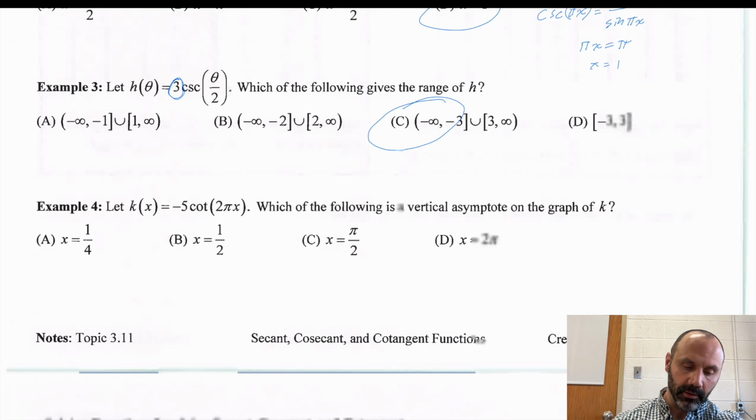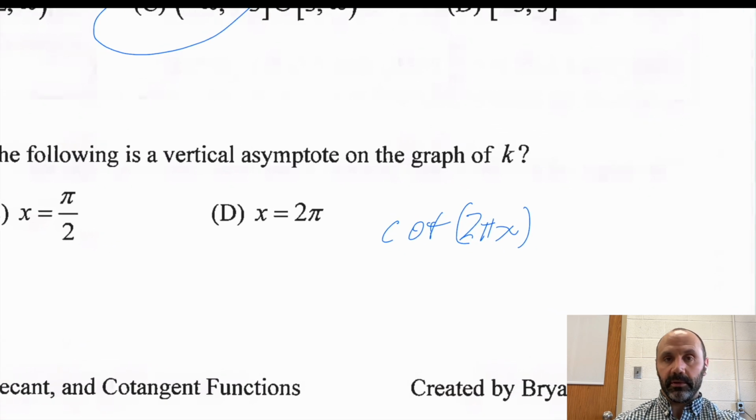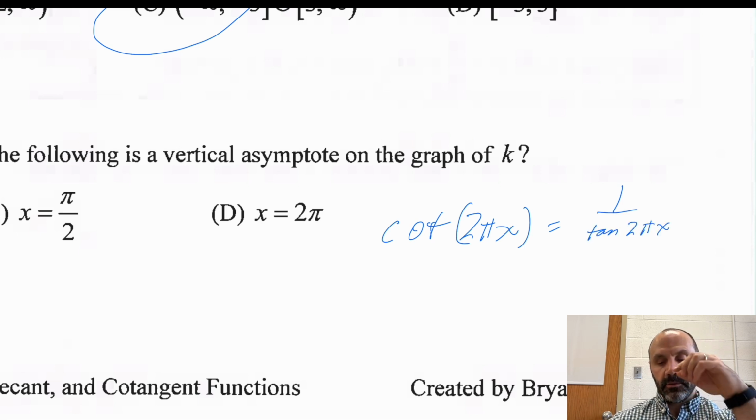And then 4. k equals -5 cotangent of 2 pi x. Which of the following is a vertical asymptote of the graph of k? If I have cotangent of 2 pi x, I'm going to ignore the -5 because that's just doing things vertically. I'm just looking for where the asymptotes are, so only what's inside the function matters. This is equal to 1 over tangent of 2 pi x, so I'm looking for the places where tangent is 0.